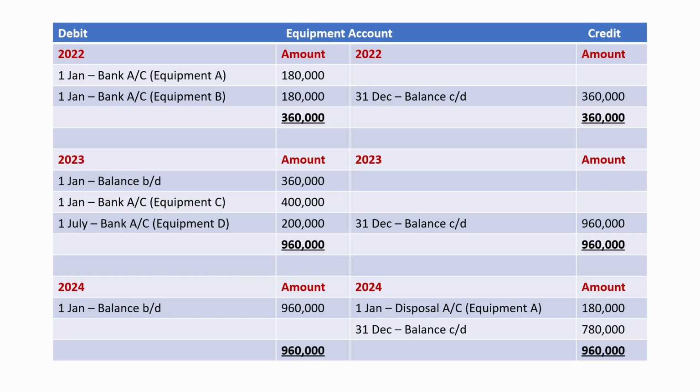So we don't record the sales proceeds here, just the cost. All entries in the asset account must always be at cost, not the net book value, not the sales value, just cost. That is called the historical cost concept. In the introduction to financial accounting, we have the accounting principles and concepts.